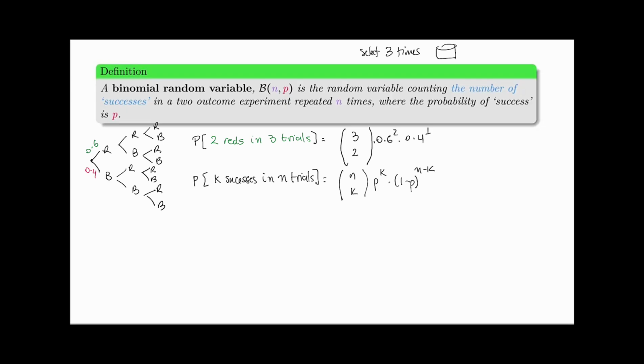You can change this k as you want. You can change the number of successes you're assessing for the probability. But it's too wordy, okay? So they came up with a solution for this. They created a random variable x, and we will give it a name in a bit.